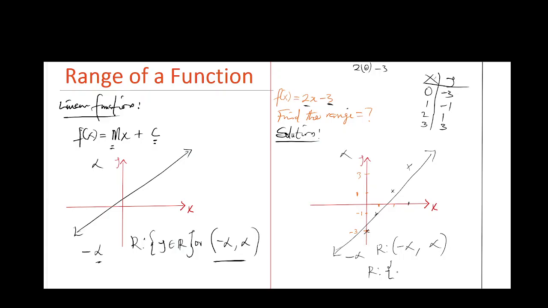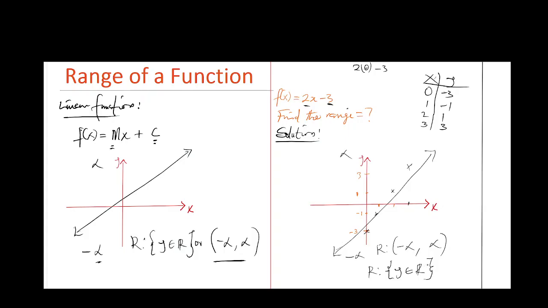Remember, when you are writing in set notation, you use only the curly bracket, meaning y is a set of all real numbers. All real numbers begin from negative infinity to positive infinity. For the purpose of practice, the next example, try your hands on it and come back to the video when you are done.